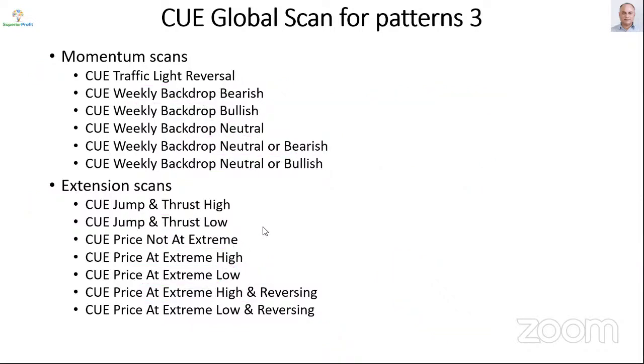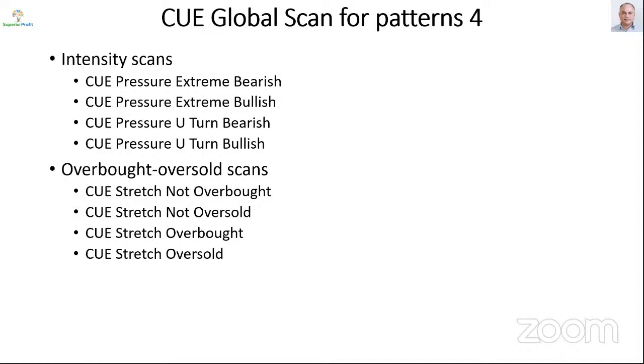Next is intensity scans: pressure extreme bearish, pressure extreme bullish, and then you turn bearish, you turn bullish. You may look for breakouts with extreme pressure, long breakouts or short breakouts.